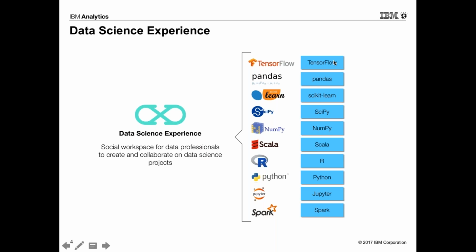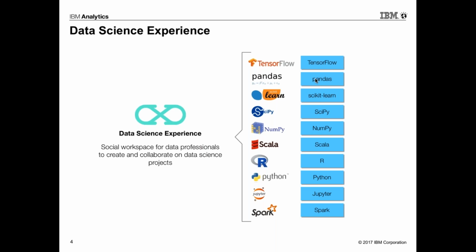It's very popular. Pandas is another library under Python that enables you to perform a lot of tasks. Scikit-learn is one of the other tools that helps in machine learning. SciPy is basically a Python library for scientific calculation. NumPy is another library, for statistics.